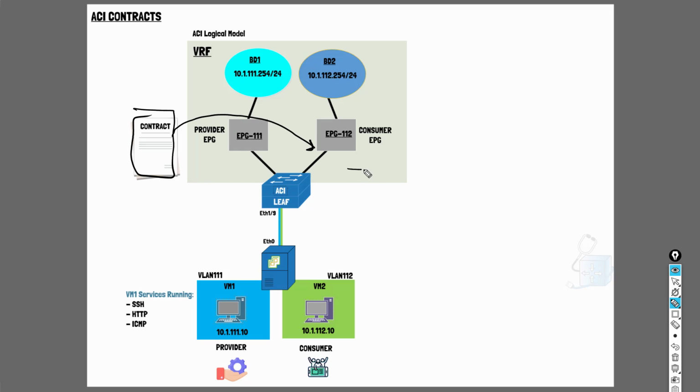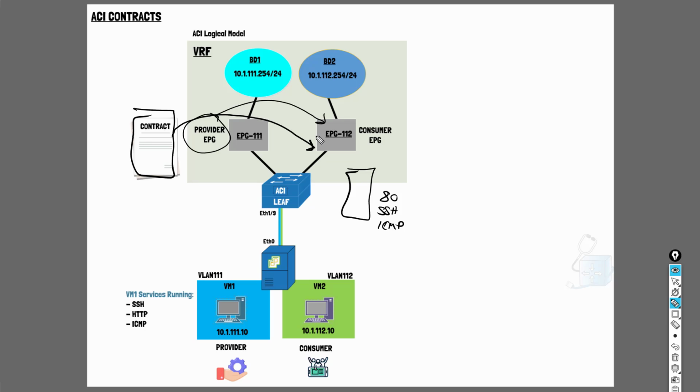And the consumer will look at it: okay, you're saying that I can access you on port 80, on SSH, and I can also do ICMP pings. Right, great. So it's always provided by the provider to the consumer EPG, okay? This is the main concept that we will do.